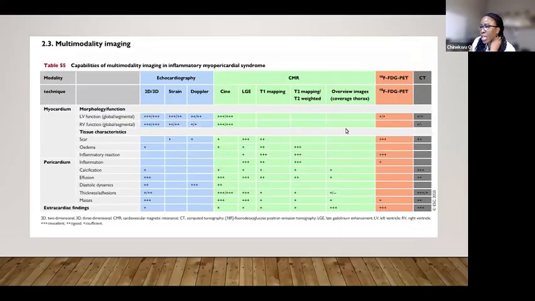Now, this is from the ESC, which at ESC Congress last year published the first inflammatory myocardial and pericardial diseases clinical guidelines. This is from it, and it basically describes the strengths of our different multimodality imaging modalities in managing these patients.